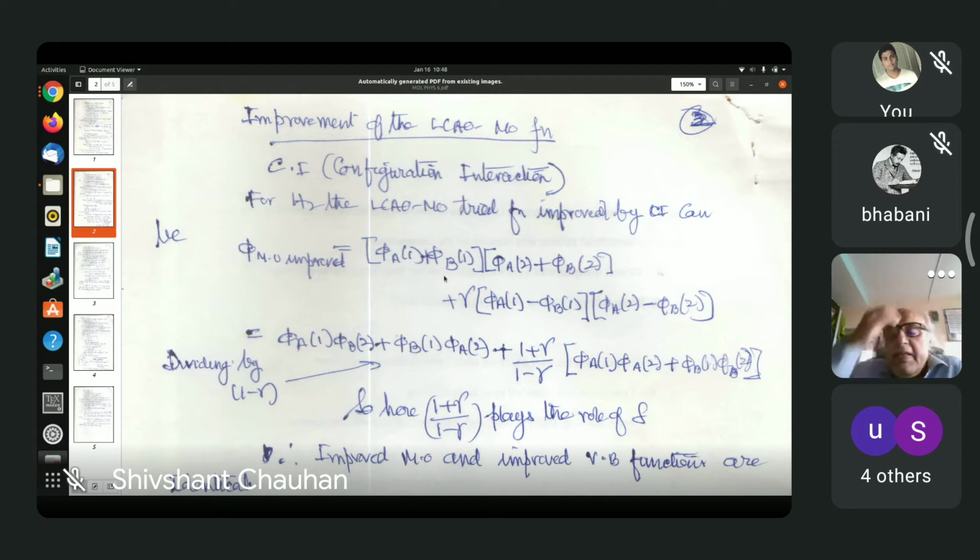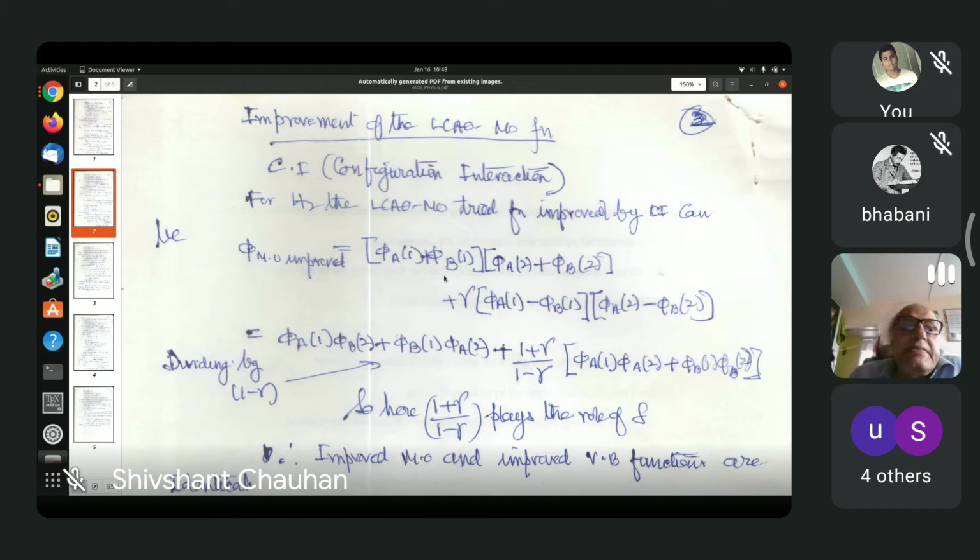The lowest MO wave function is this one, phi A1 plus phi B1 multiplied by phi A2 plus phi B2. What should be the next configuration? In the next configuration, we can say that gamma is a variational parameter multiplied by phi A1 minus phi B1 multiplied by phi A2 minus phi B2.